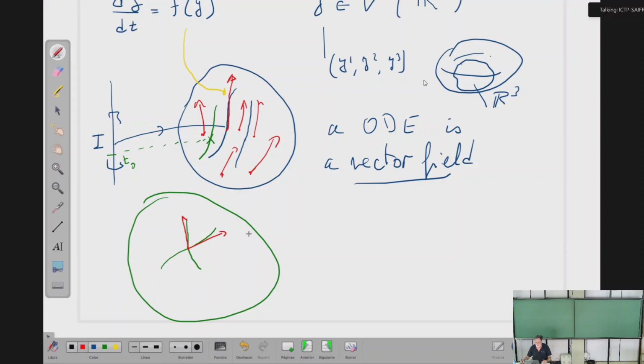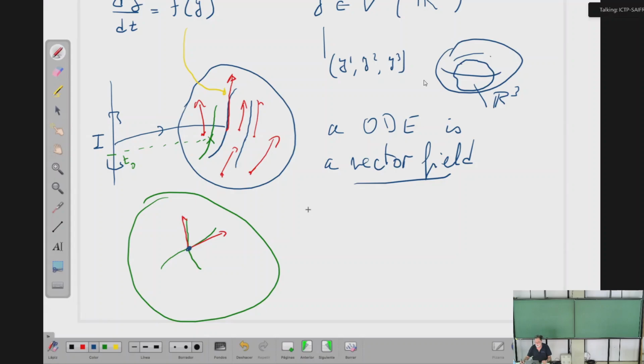So in this case, if the vector field is 0 here, there will be a solution, which I will mark with some other color, say blue, a solution which is just staying in this point.